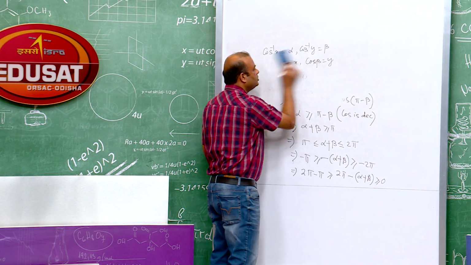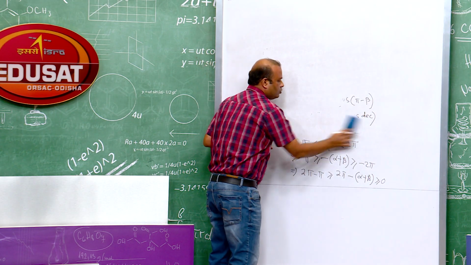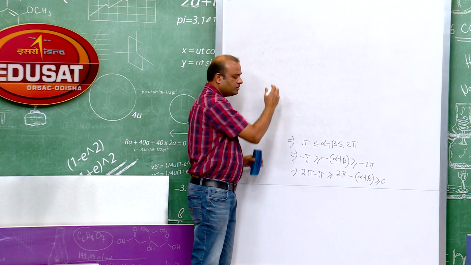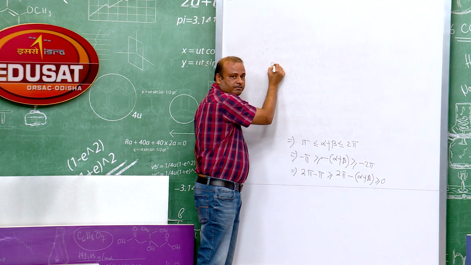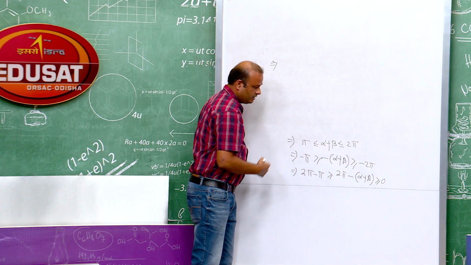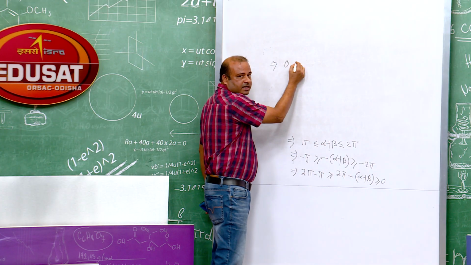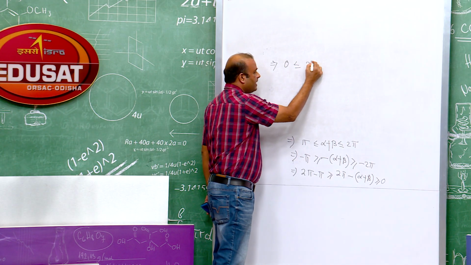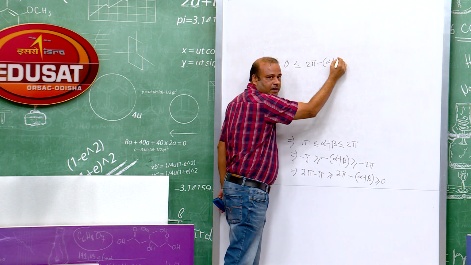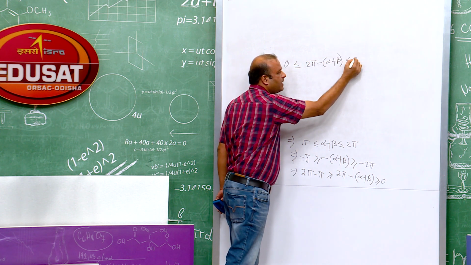So, next, you write it in the reverse way, that is 0 less than equal to 2 pi minus alpha plus beta less than equal to pi.